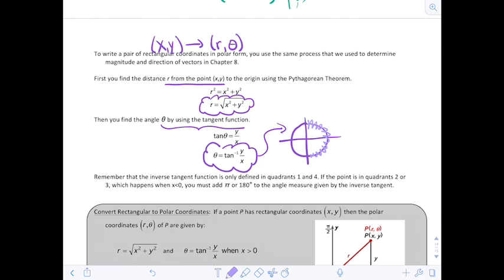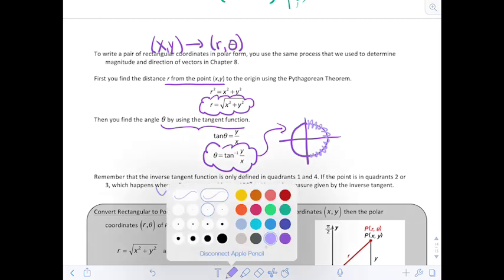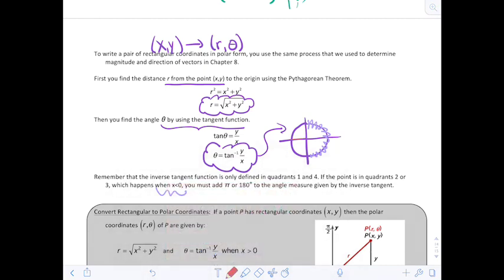So remember that the inverse tangent function is only defined in quadrants 1 and 4. If the point is in quadrants 2 or 3, which happens, here's a key, when x is negative. Think about this. When x is negative, you're going this way. And then your y is going to either put you in the second or the third quadrant. So when x is negative, you're going to have to add pi if you're in radians, or 180 if you're in degrees.